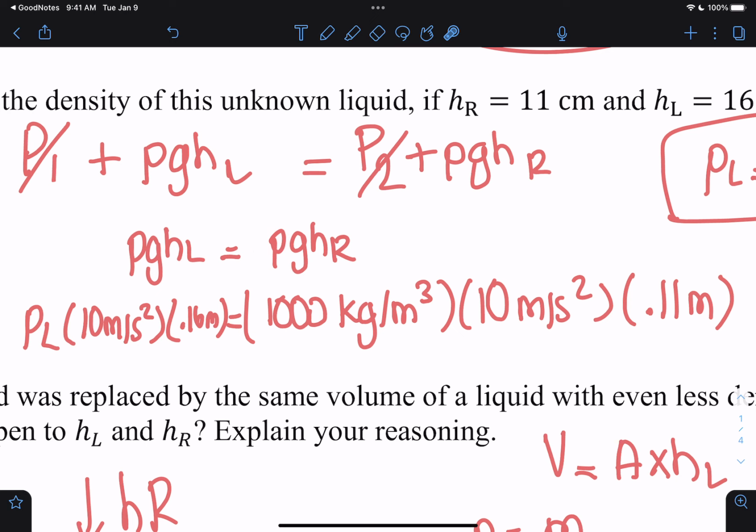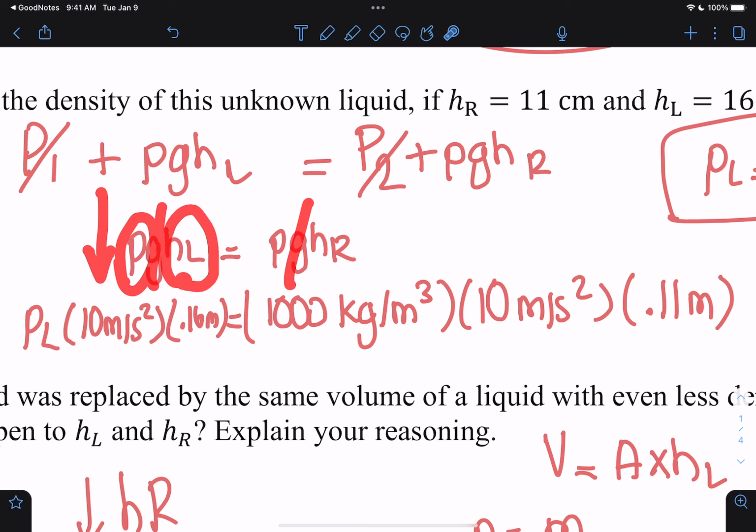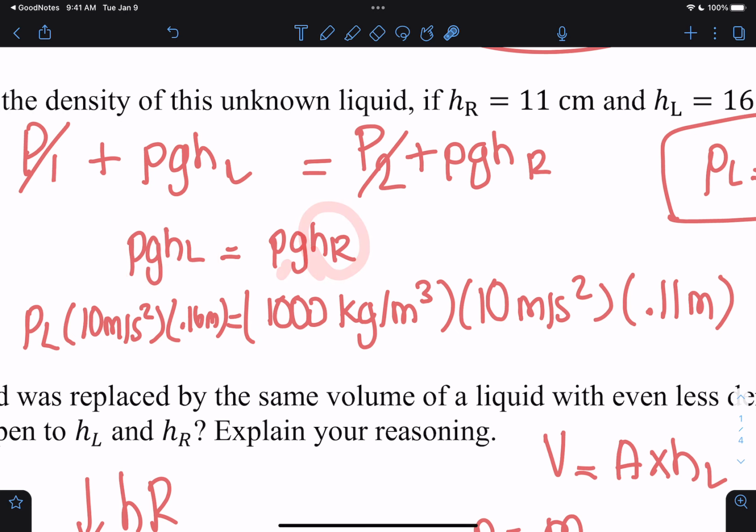So the density stays the same, gravity stays the same. We're changing the density of the liquid, and the height stays the same because we're pouring in the same amount of volume. So what's left here really is the height. If we increase this, we increase that. If we decrease this, we decrease that.